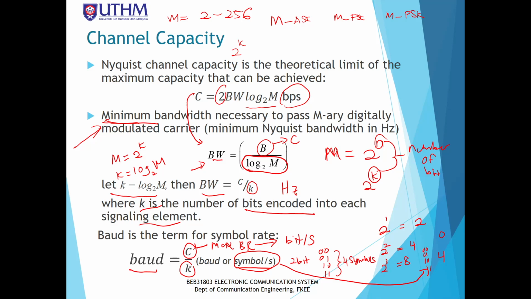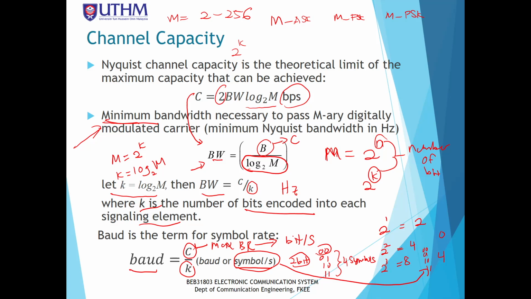So that means if I use 2 bits, the symbol rate defines how many symbols that I can transmit in 1 second. So the symbol rate defines the speed of my system to transmit each of these symbols. Berapa laju saya boleh hantar setiap simbol ini dalam masa 1 second.